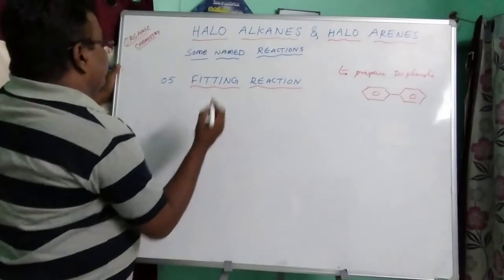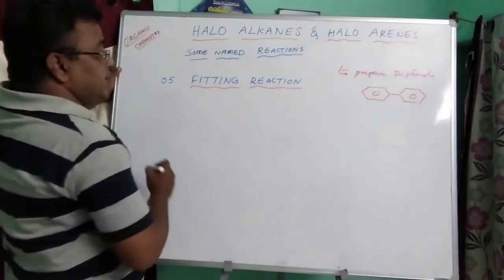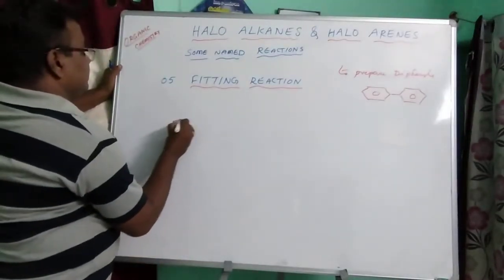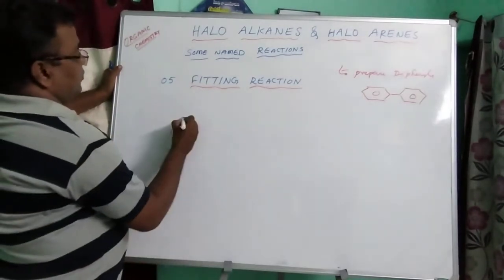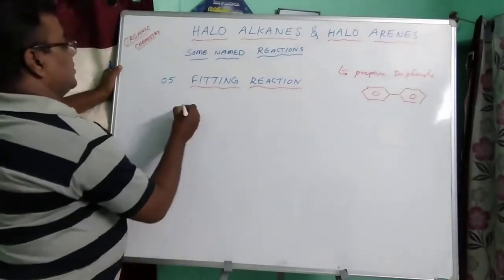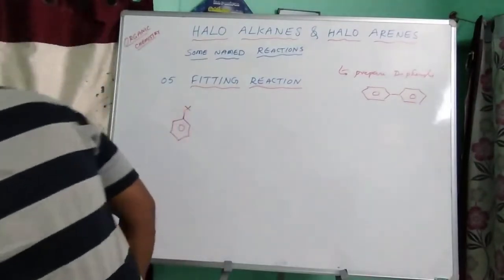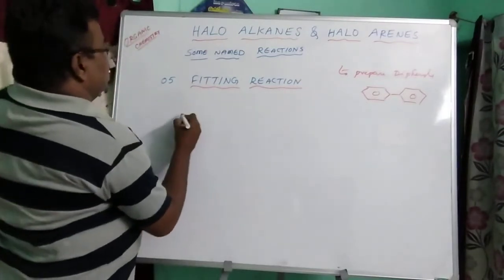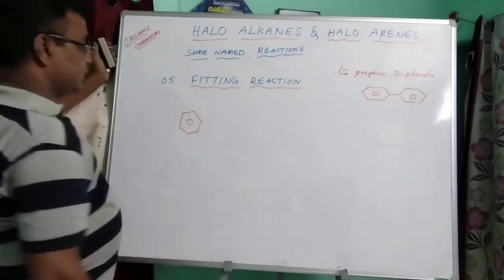So that means when aryl halides react. So what are aryl halides? We know that this is benzene, C6H6.